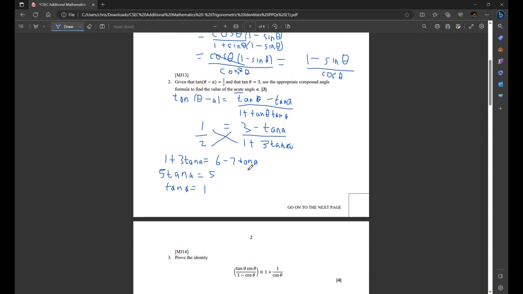So if tan A is equal to 1, and as they said it's an acute angle, that means it has to be in the first quadrant of the unit circle, right? Because it's less than 90. And the only angle that's going to be valid for A in this case is 45 degrees, because if you take tan of 45 degrees, that gives you 1, which is one of the angles that CSEC requires you to know.